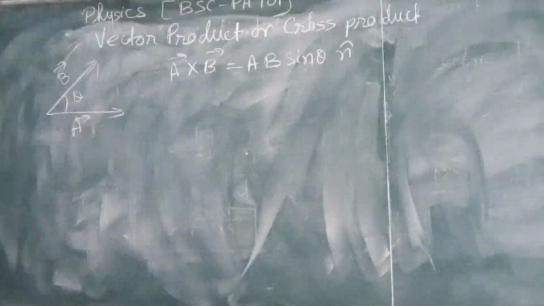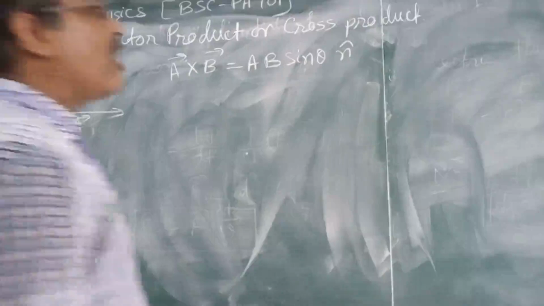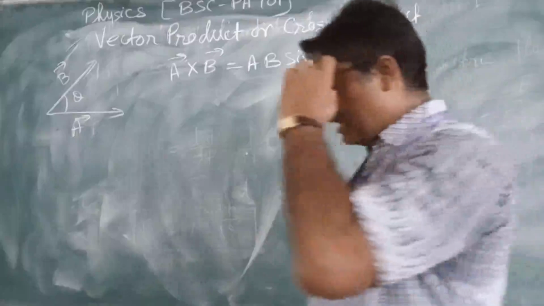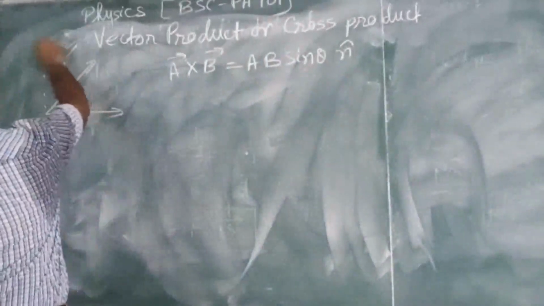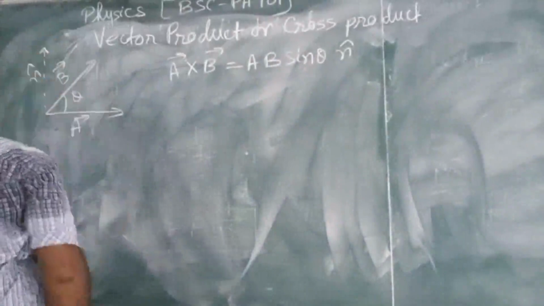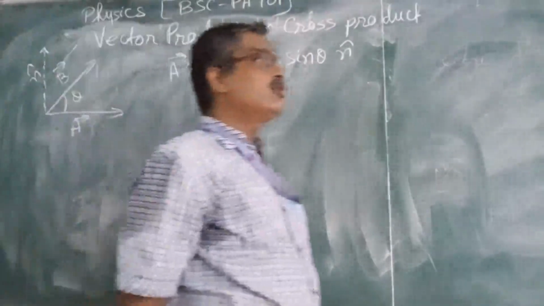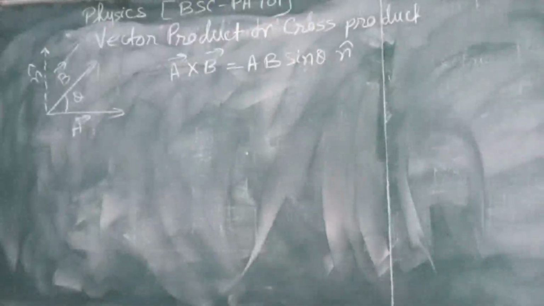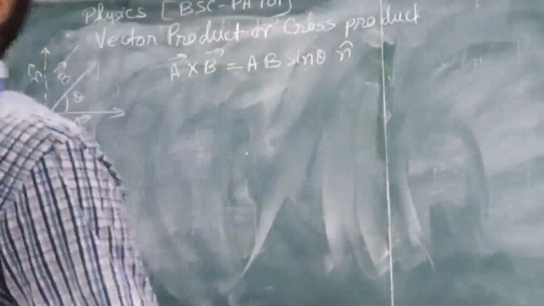The direction of the resultant vector is according to the right hand thumb rule.